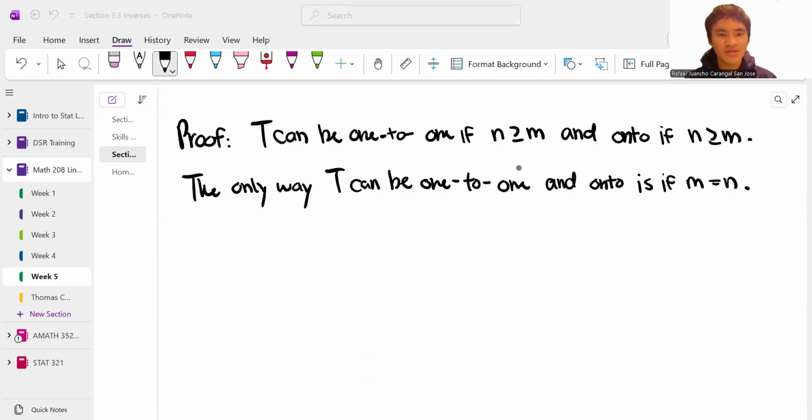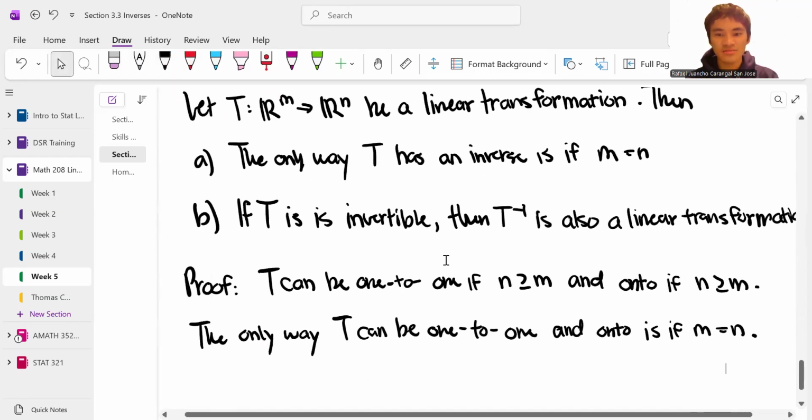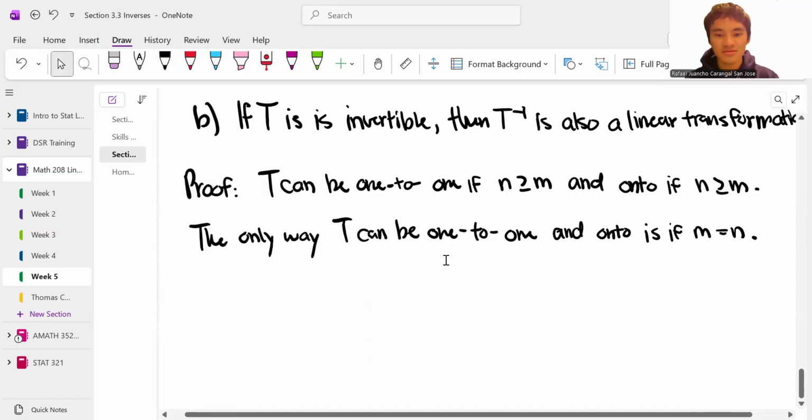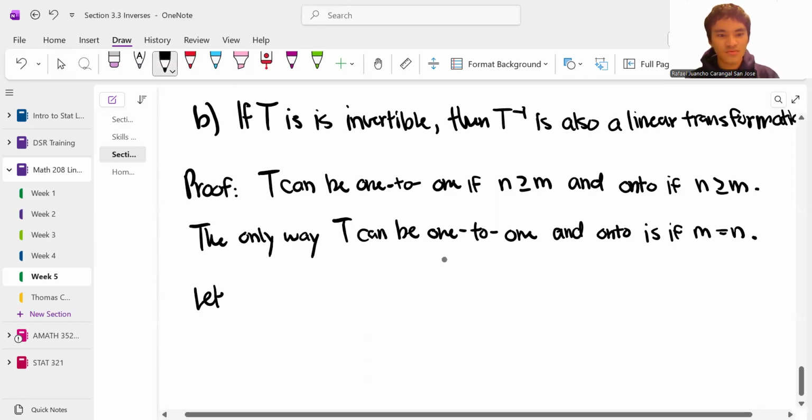Now for part b, this argument here: if T is invertible, then its inverse should also be a linear transformation. So here we're going to let y sub 1 and y sub 2 be in Rn.